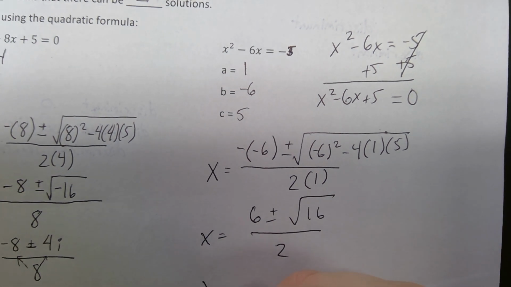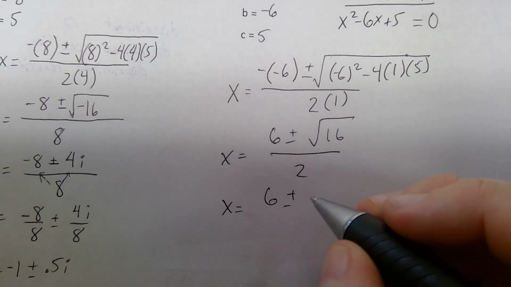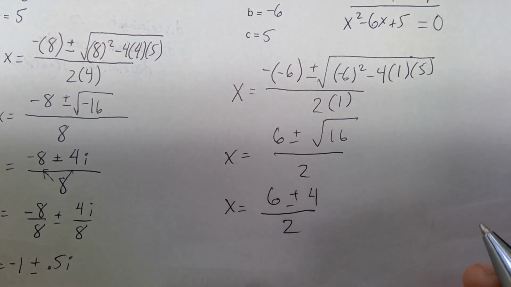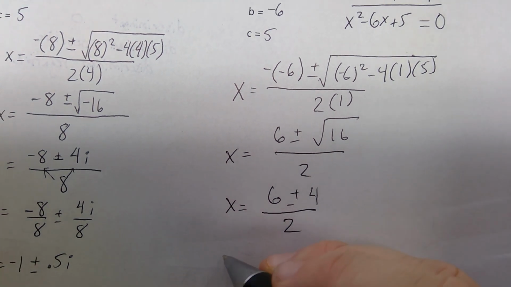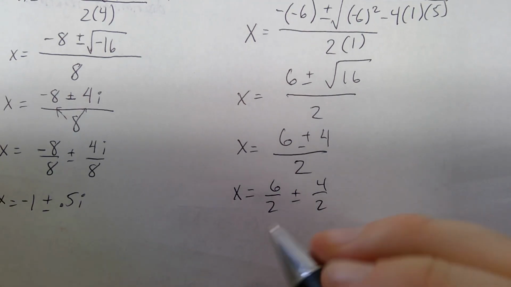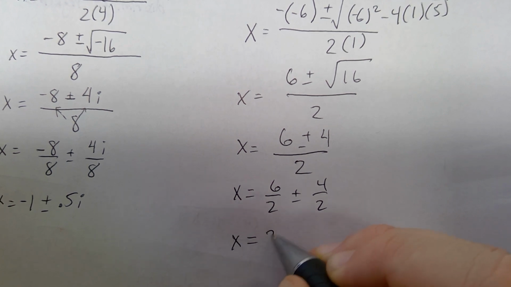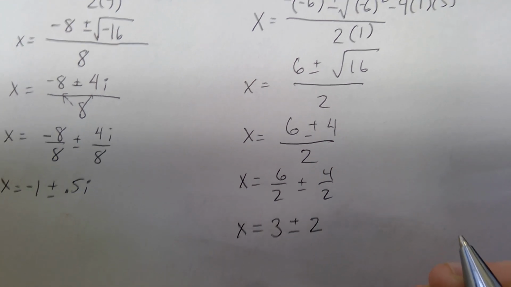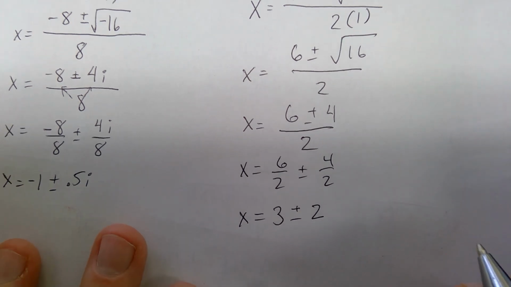Over 2. Let's simplify our square root. So the square root of 16, if we use our green chart, we see it's 4. All right, now here, I'll do my fractions. That's 3 plus or minus 2. So now I need to break down these 2 solutions.